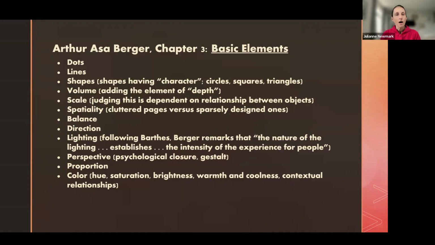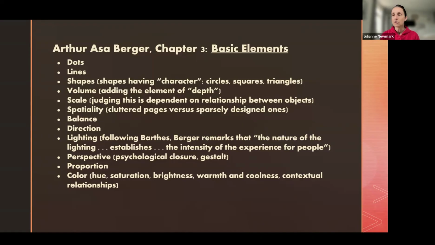So we have dots, lines, shapes, which Berger describes as having character: circles, squares, triangles. The phenomenon of volume, which adds depth; scale, judging this is dependent on the relationship between objects; spatiality, cluttered pages versus sparsely designed ones.